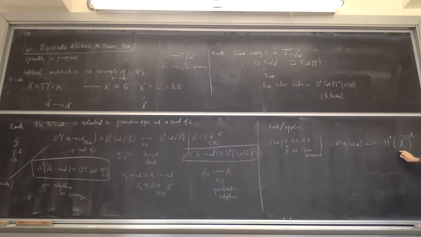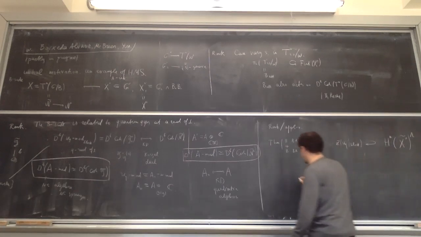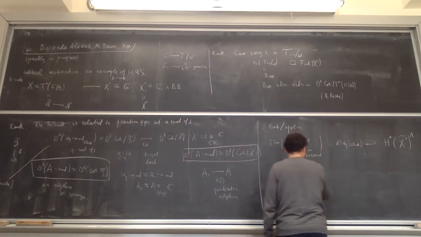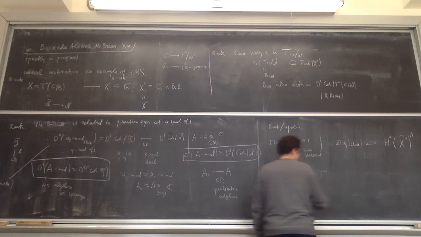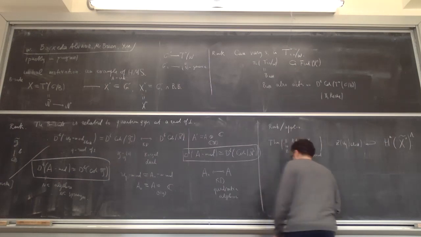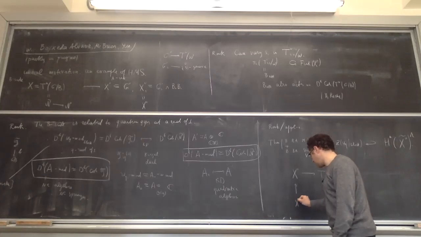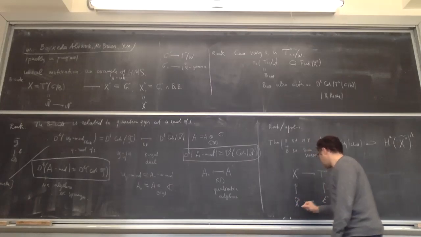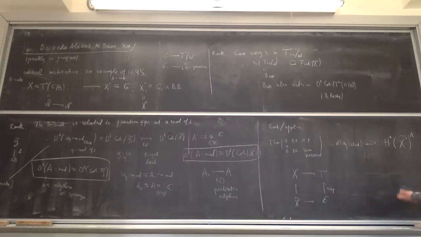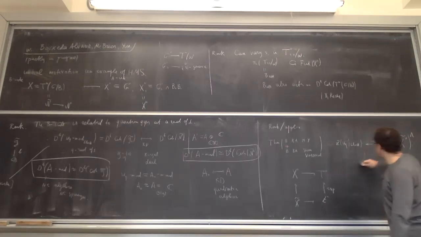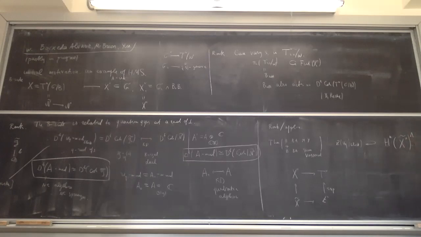That will be useful in a second. X check maps to T check, so we can take the universal cover here, and so we get a cover here. There are some homology classes coming from this, and we kill them this way. So we take the universal cover and take invariants.